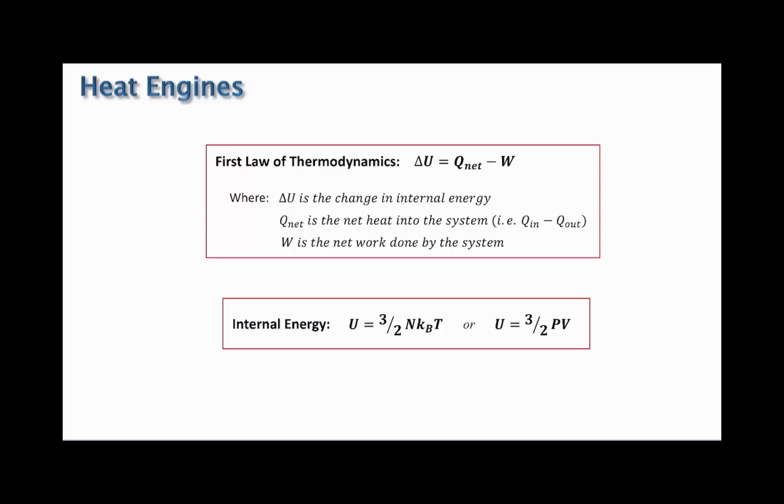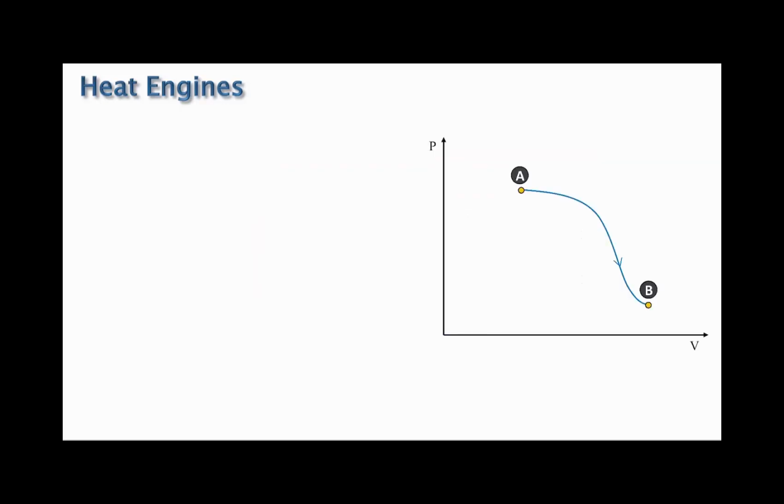As an example, let's consider the system we were discussing a moment ago that is initially in state A and transfers to state B. When P and V are plotted for one of the macro states like A or B, all of the macrostate variables such as temperature and internal energy are also defined. We can see this for temperature from the ideal gas law.